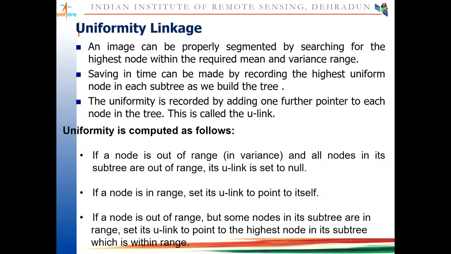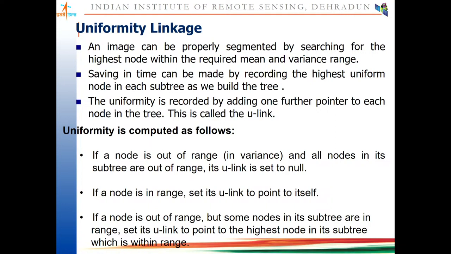Now this uniformity is computed as per the steps that I will explain now. Now if a node is out of range, that is in variance, and all nodes in its subtree are also out of range, one sets the uniformity linkage to null. Now if the node is in range, one sets the U-link to point to itself.